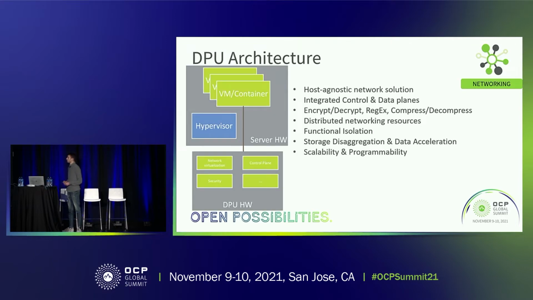So when looking at the DPU architecture, let's start first with the definition. So DPU, data processing unit, or a smart NIC, as some people call it, is a network device that bears the responsibility of offloading all network-related functions onto that device and leaving the connected server CPU only for the compute tasks.